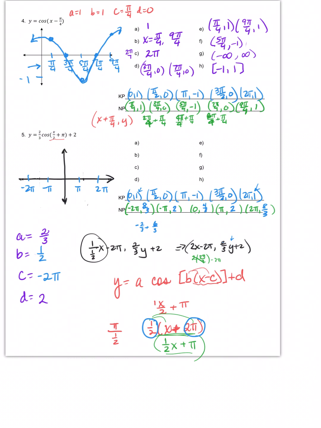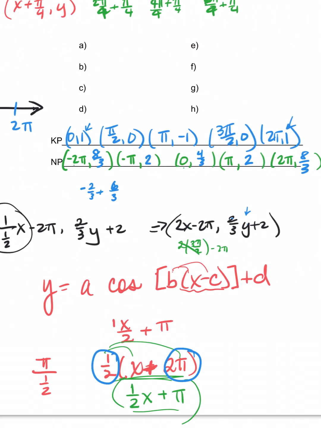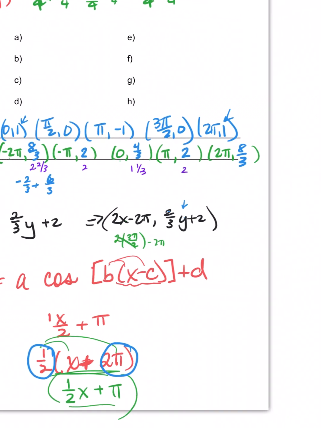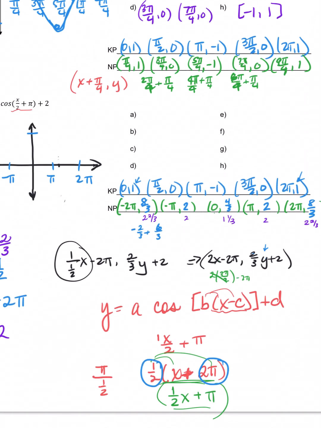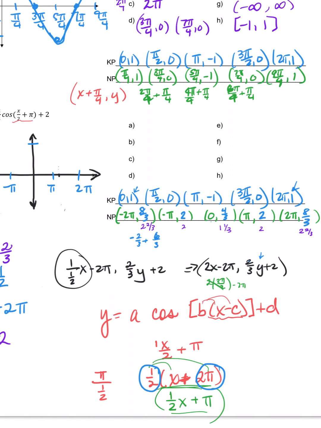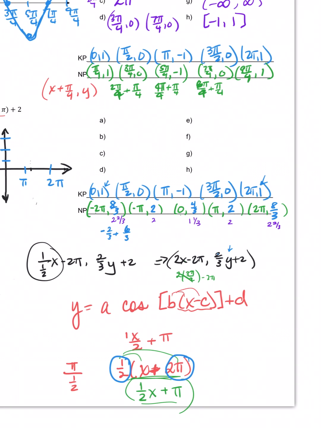Look at our y values. 8/3, remember, is 2 and 2/3. This is a 2. This is 1 and 1/3, a 2, and we're back over here at 2 and 2/3. Okay, so my y values really need to go from 1, 2 to 3, right? I don't really need anything below the x-axis, but that's okay for now.